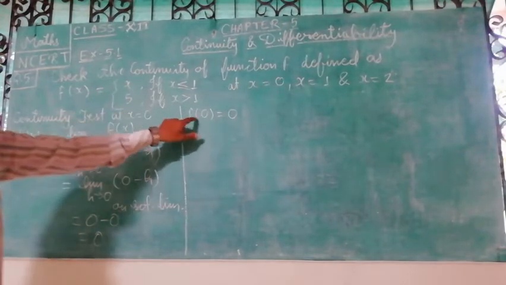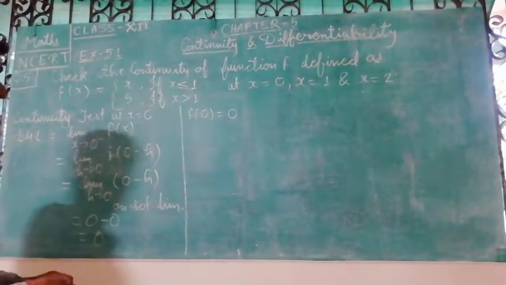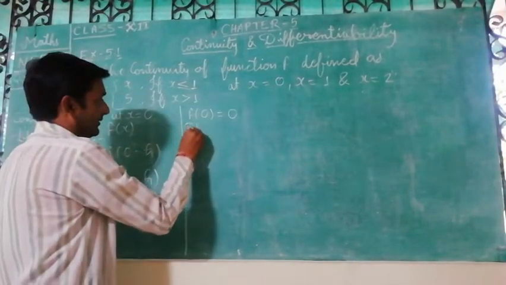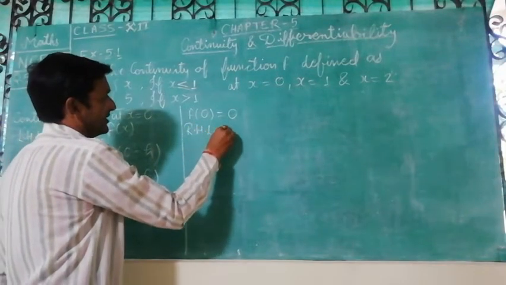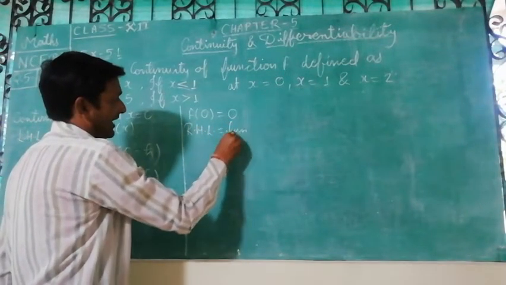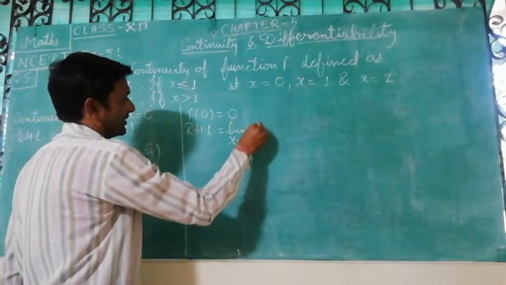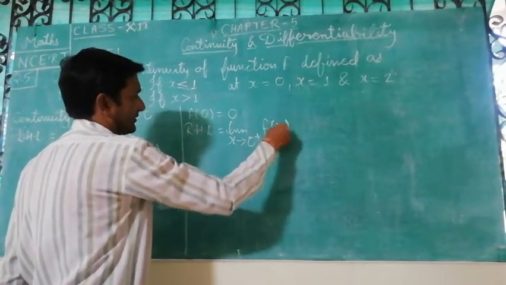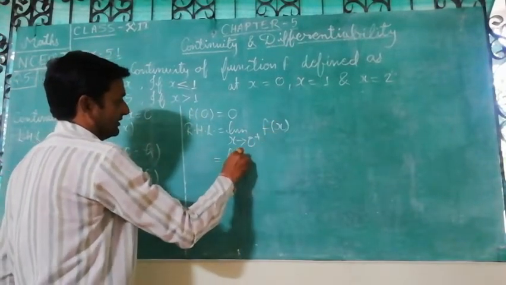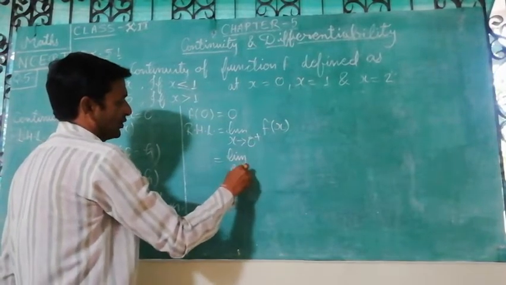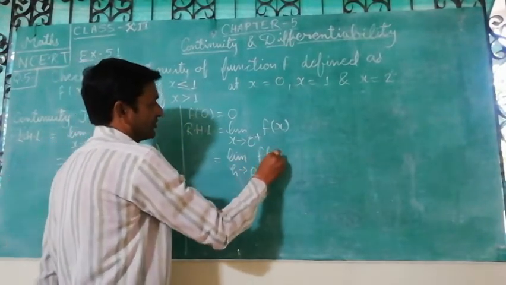So it is f of 0, which is 0, and RHL, meaning right hand limit, is equal to limit x tends to 0 plus f of x, that is equal to limit h tends to 0 f of 0 plus h.